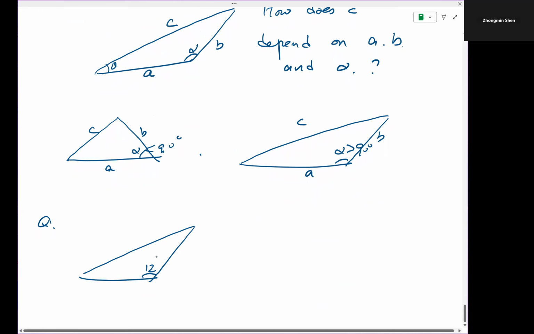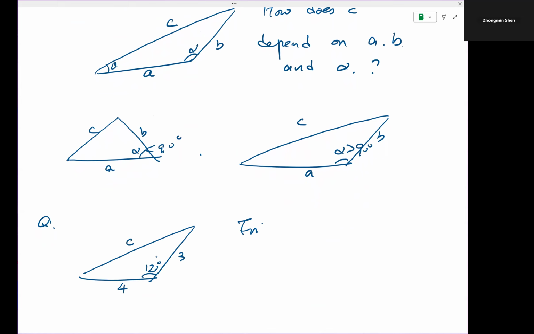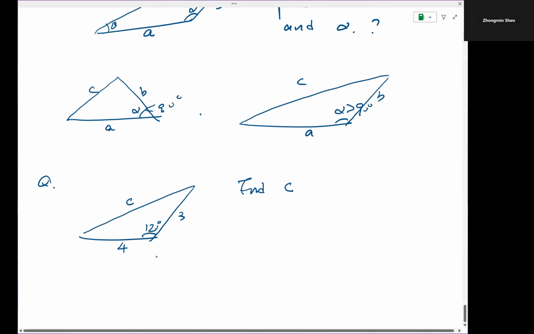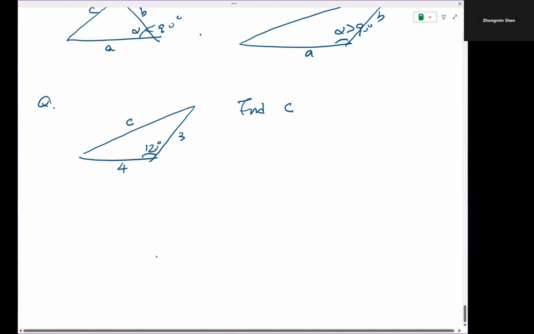Maybe this is 120 degrees, and this side is three, this side is four. What is C? Find C. Let's find it first, then maybe you get the idea to get a general formula.